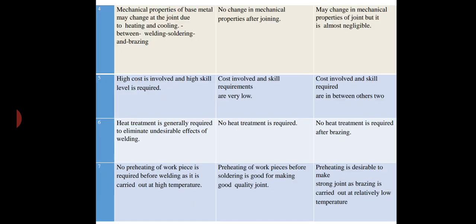You can see things about cost involvement and heat treatment requirement. Heat treatment is done to relieve the thermal stresses developed due to the welding operation. So in welding you require heat treatment. In soldering and brazing you don't require any heat treatment because you are not melting your parent metal.